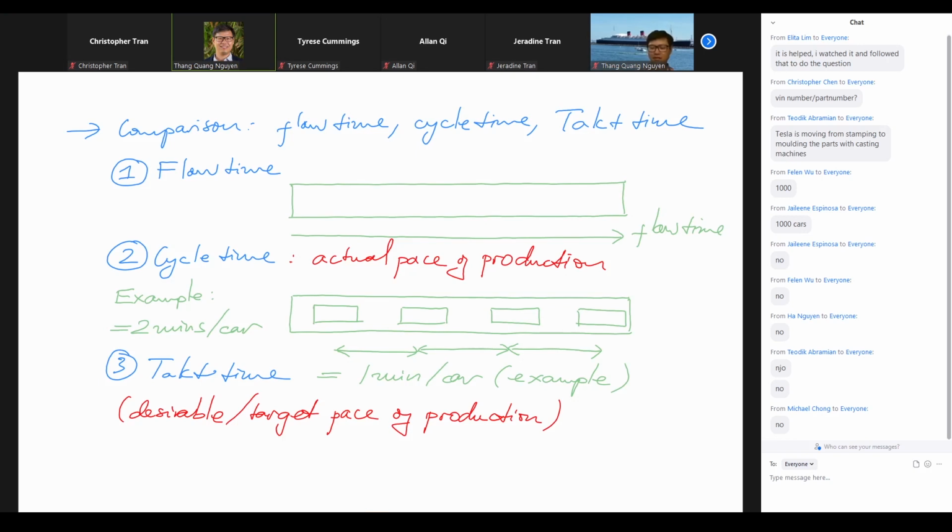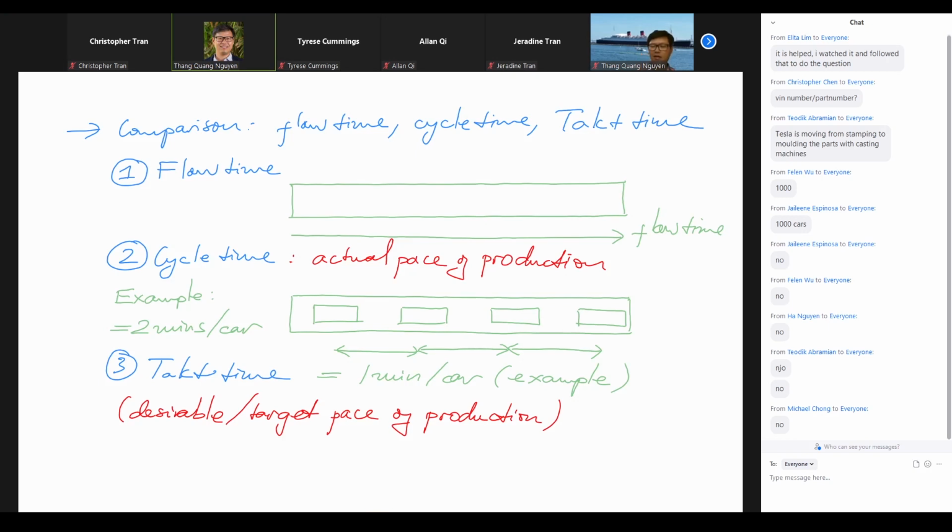In this case, the 2 minutes per car is too slow. It is what is happening right now. And what is happening right now is too slow relative to what we want it to be. What we want it to be is a takt time, right? We want to be 1 minute per car, but we are only working at half the desirable pace, right?